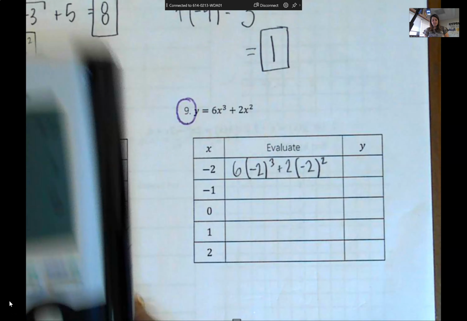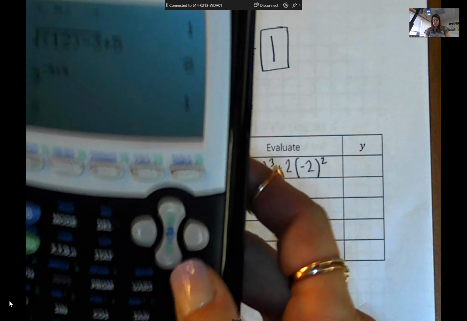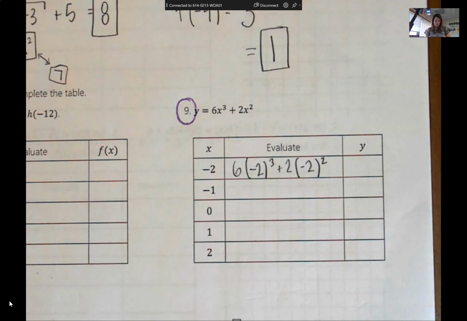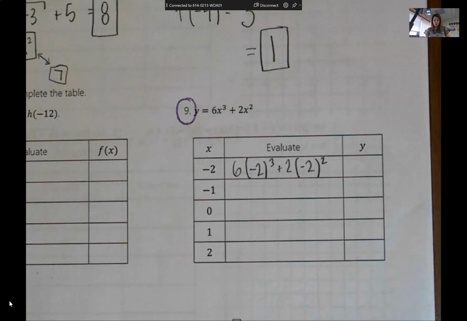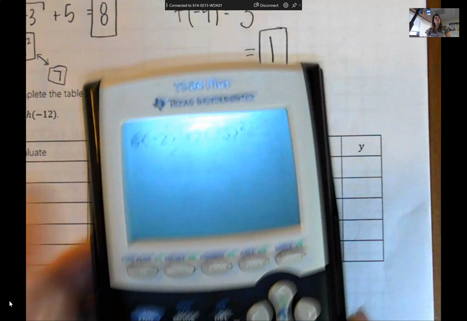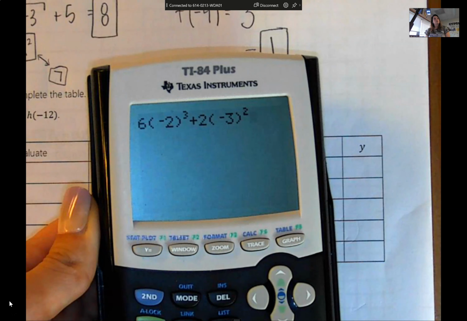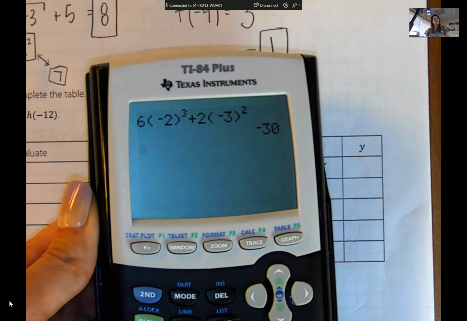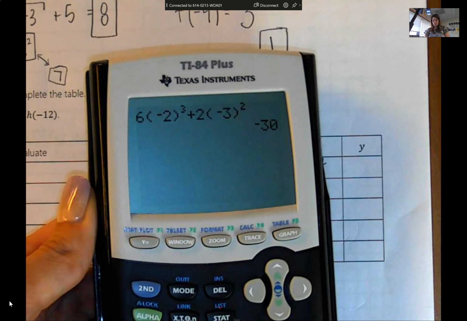So if I plug this one in, I'll do it really quick with you. Remember to arrow over or out of that exponent so it doesn't jack you up. So I put it in once. Hit enter. I'm getting -30. How about you guys?